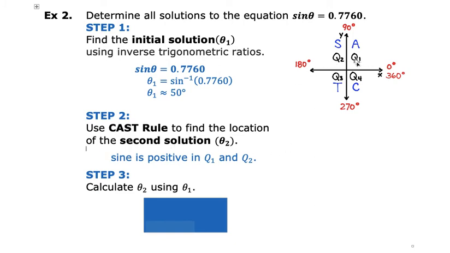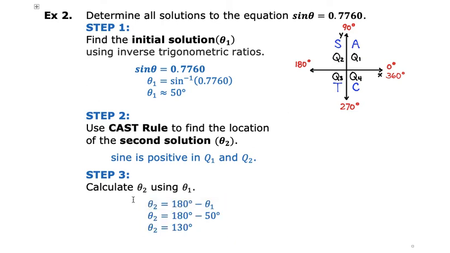So we now have identified where it will be positive, and to calculate that second solution, we can do 180 minus the initial angle 50. The result is 130 degrees. And if you substitute into your calculator, sine of 50 will give you this answer, and also sine of 130 degrees will solve this equation. Good luck.